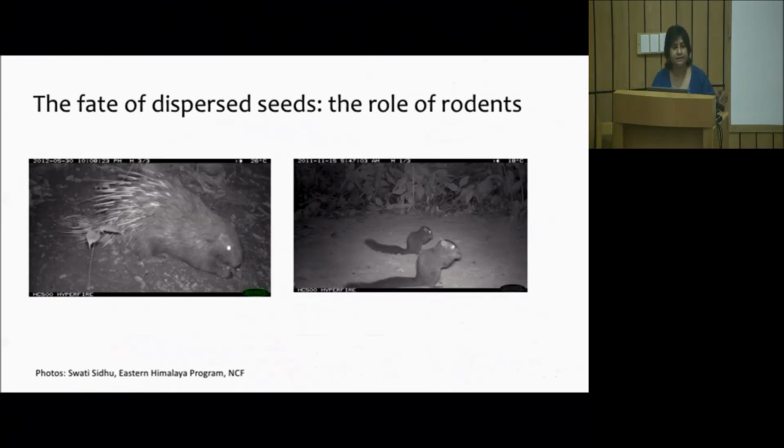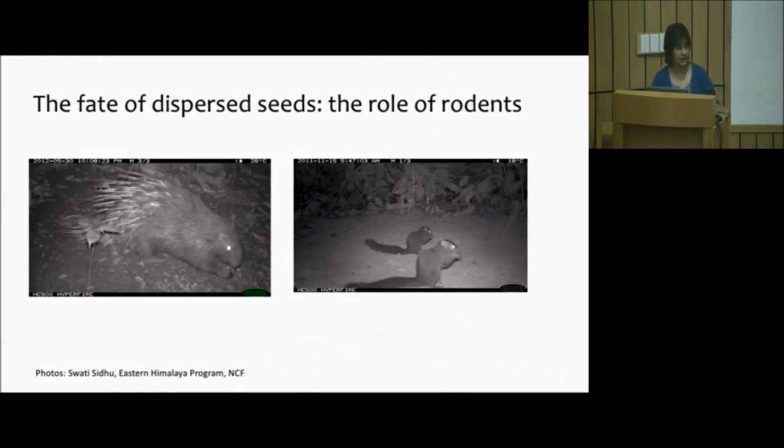Secondary seed dispersal has been studied very well in the neotropics. There are a number of studies from even China, but in the paleotropical forests, the role of rodents in secondary seed dispersal is not so well known. And there are a number of terrestrial rodents in Pakke Tiger Reserve, and basically in the Eastern Himalaya.